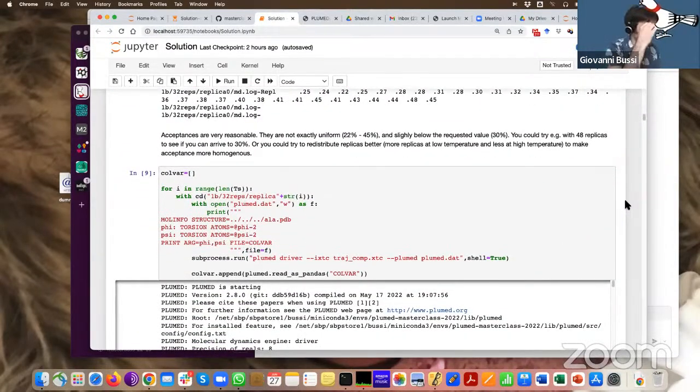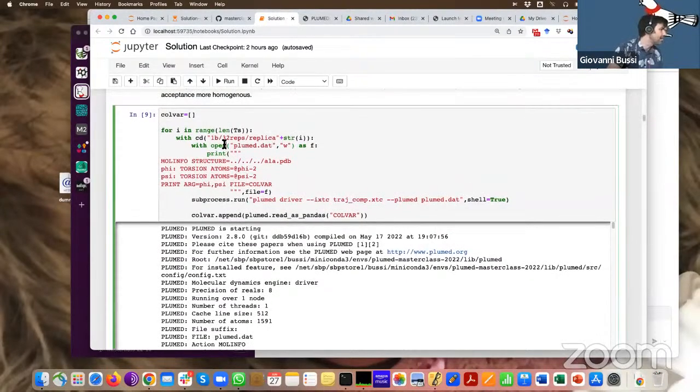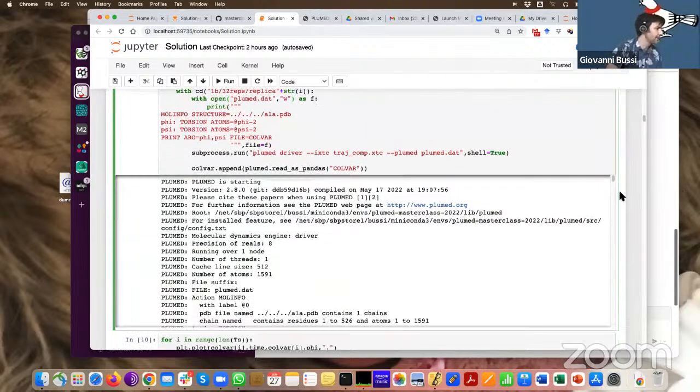Indeed, the truth is that I played this exercise twice with parallel tempering and I obtained 2 completely different results. I'm just showing one in this notebook. If you run it again, you will get a different result on this simulation length. So here I'm just analyzing all my replicas. I'm reading all my replicas to see what happens.